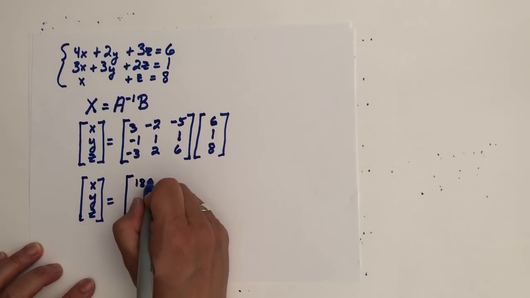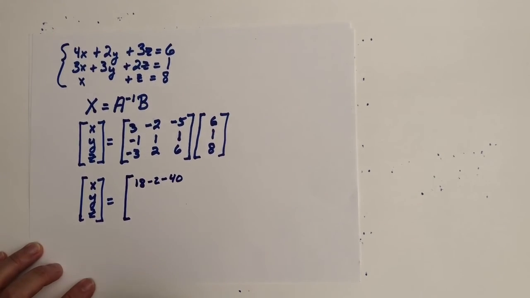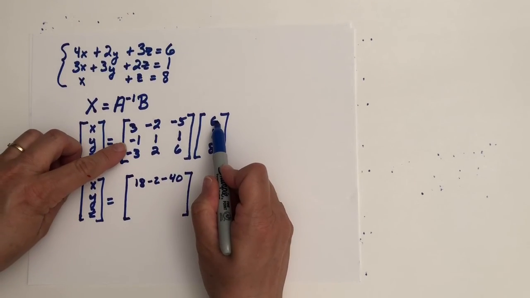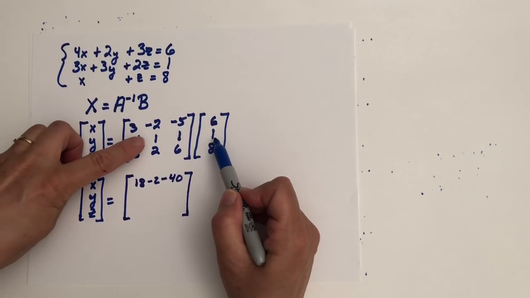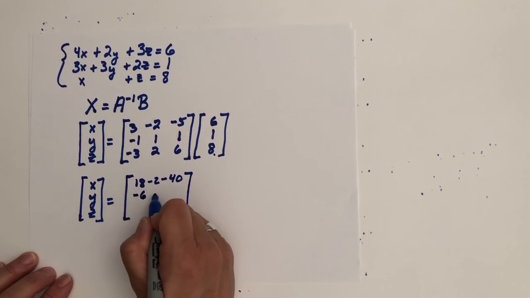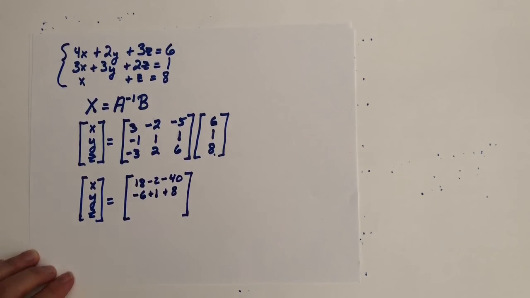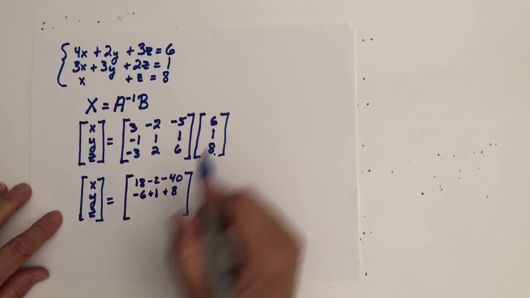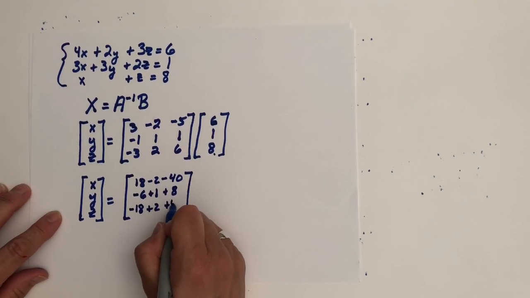We'll do the arithmetic in just a moment. Negative 6, I'm using row 2 and this column, so negative 6 plus 1 plus 8. Then we have negative 18 plus 2 plus 48.